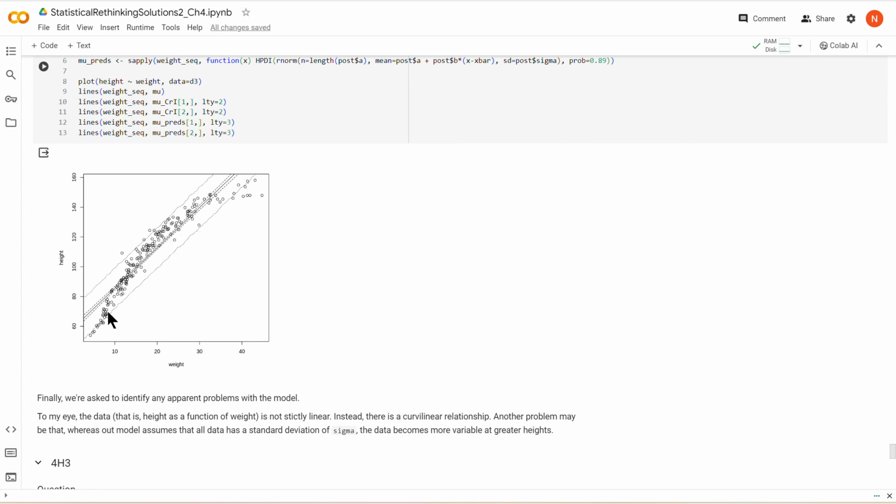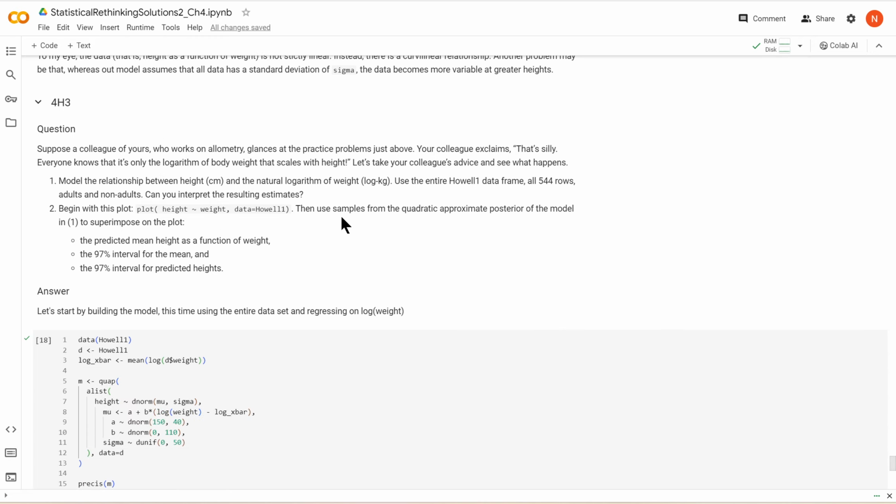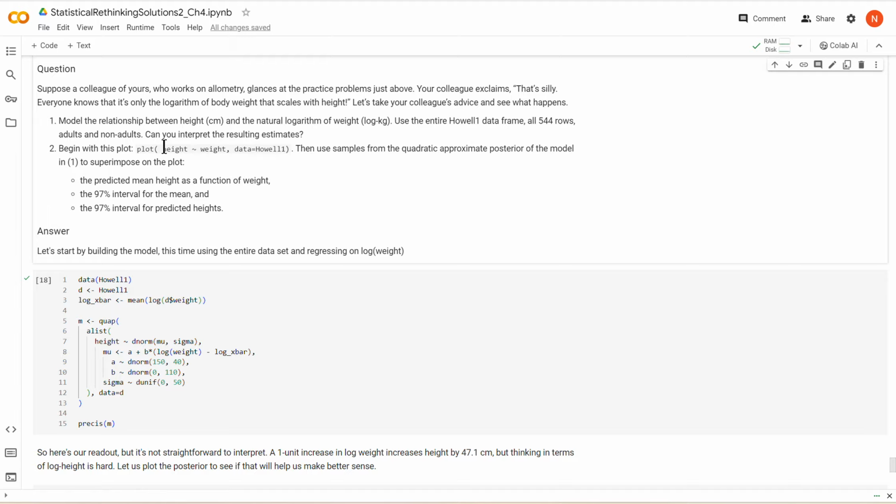This was a feature in a few problems so far. We notice that the data is kind of following this curve, so that the line cuts above and below it at different weights of height. And so question 4H3 prompts us to try to fix this a little bit.